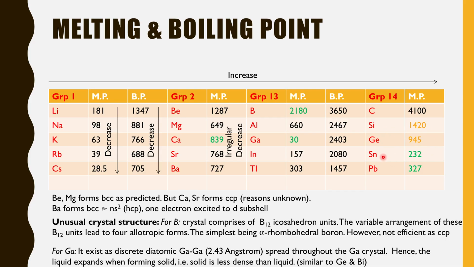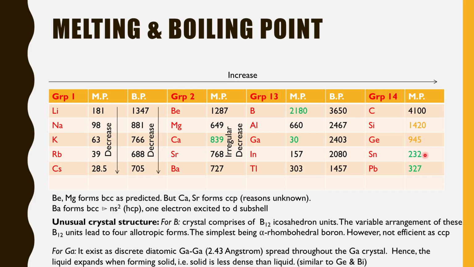However, when it comes to tin and lead, what you find is that there is a sudden decrease in the melting point, and this can be understood in this way: they are not using all the four electrons which are available for bonding. That is because of the inert pair effect, because the inert pair effect keeps the ns electrons reluctant to participate in any kind of bonding.